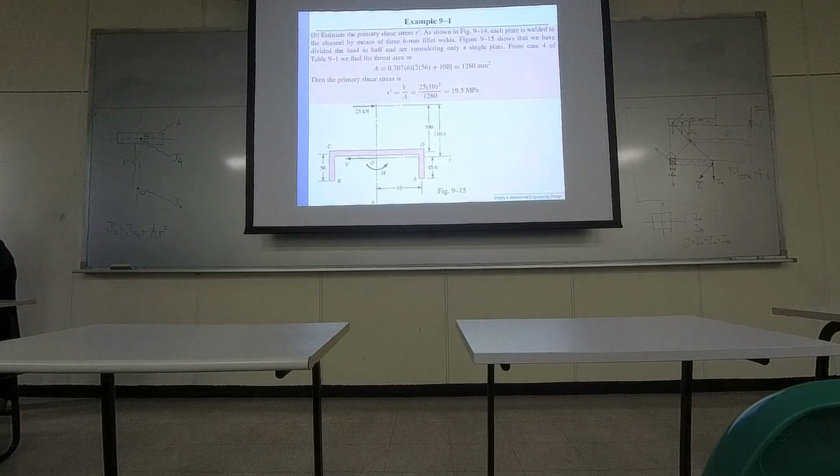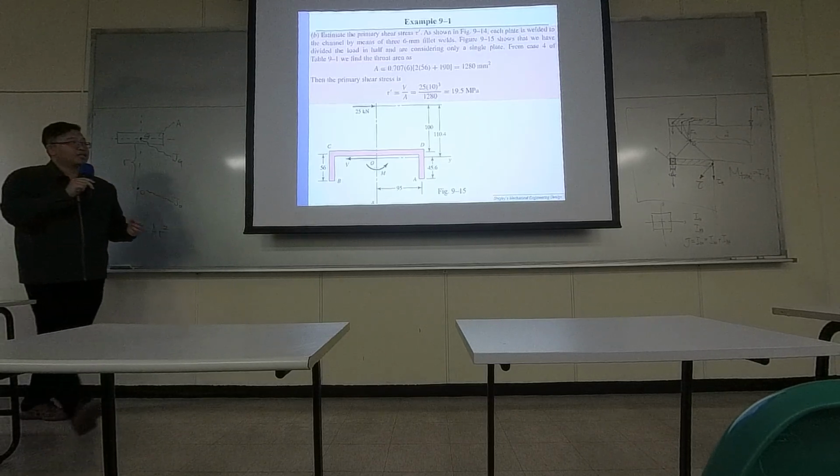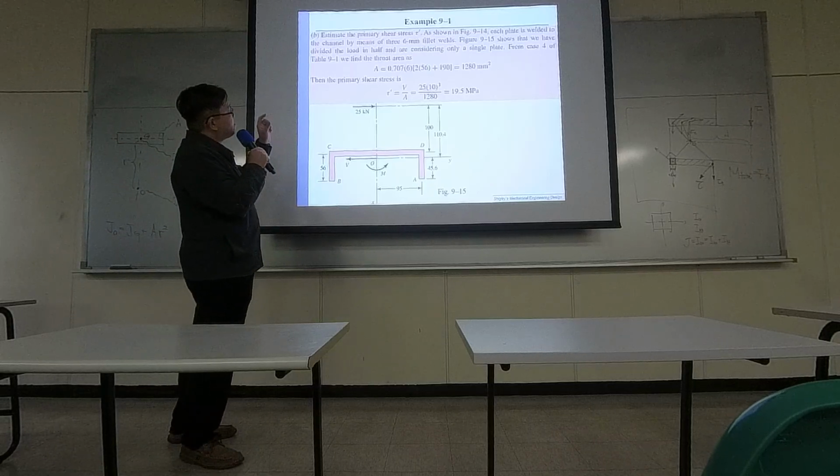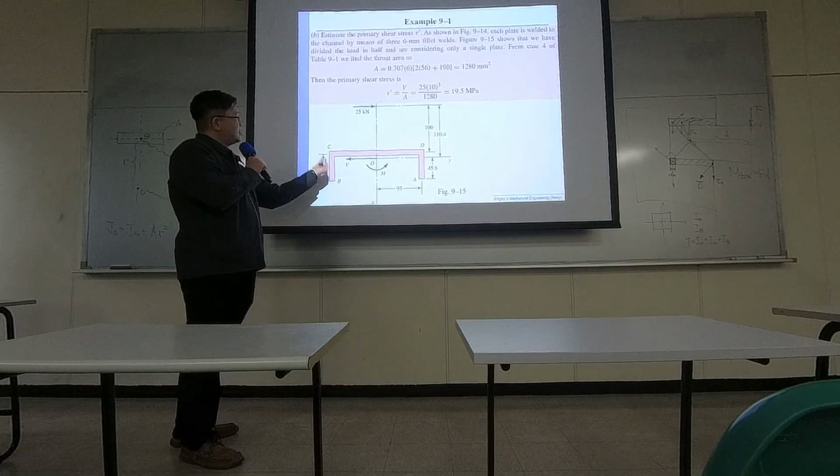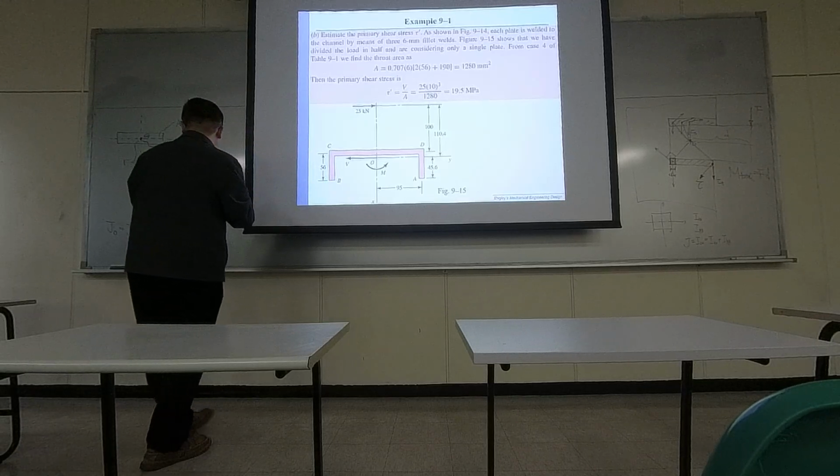So right here, first of all, it computed the total area. And what is 0.707? It is from what we talked about last time: the throat area.